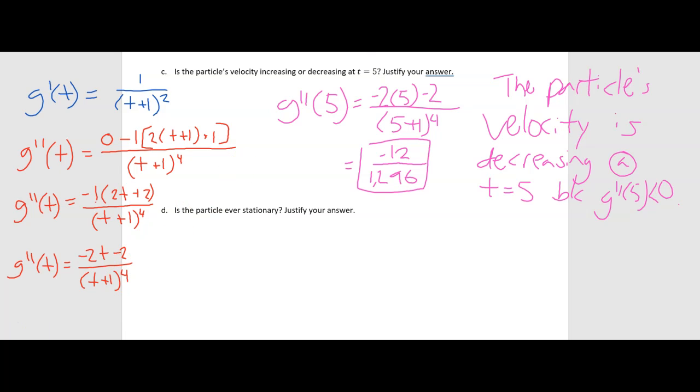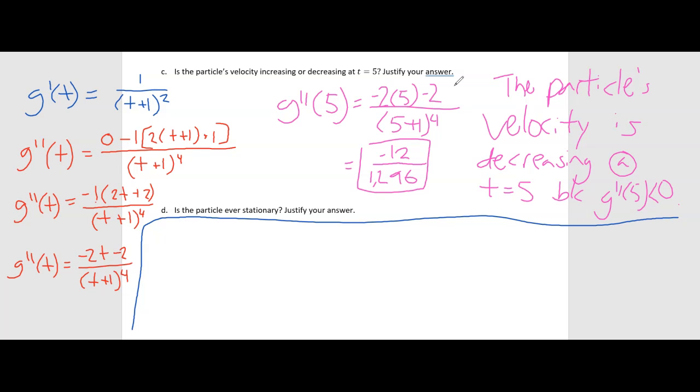All right, and let's finish off by answering part D. It says, is the particle ever stationary? Justify your answer. Well, if the particle is stationary, that means we need to look for where the derivative is equal to 0. So where the velocity is equal to 0. And we could also explore where the derivative is undefined.